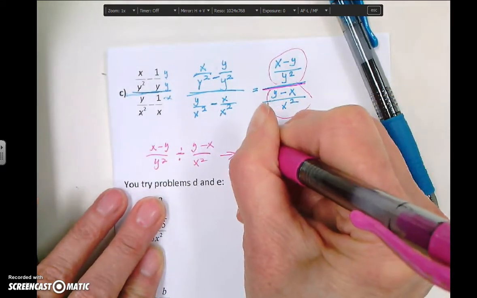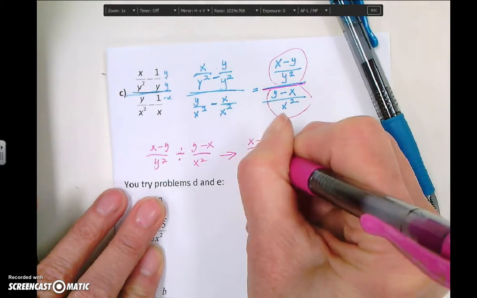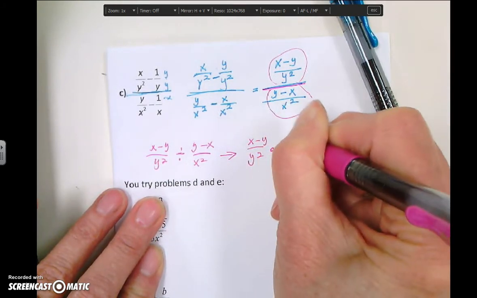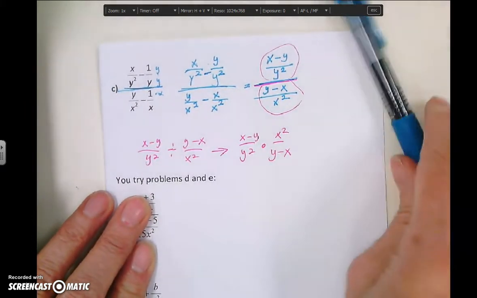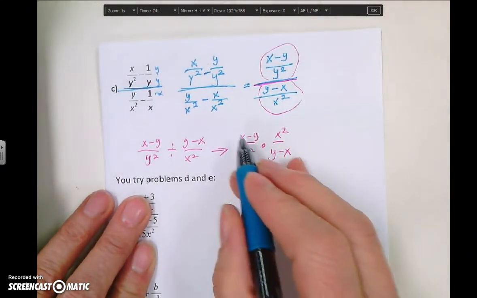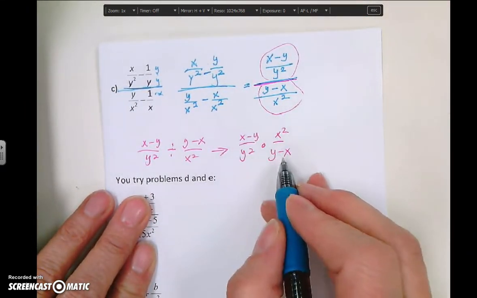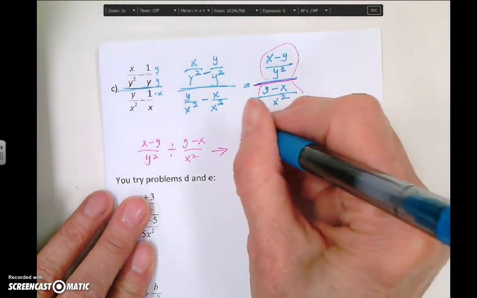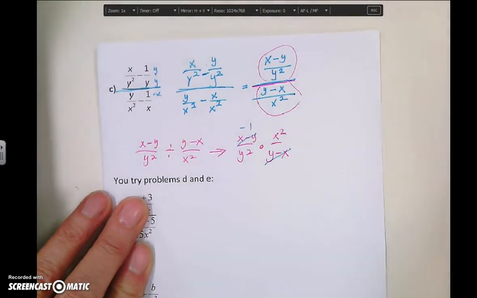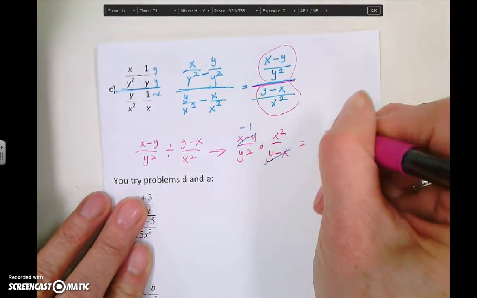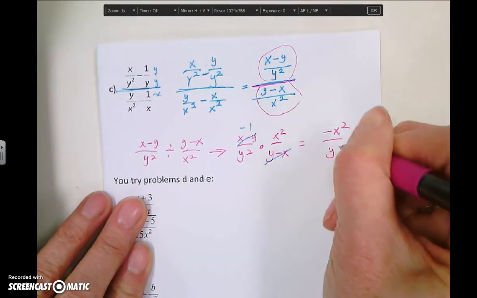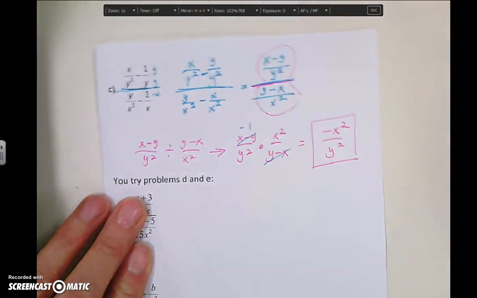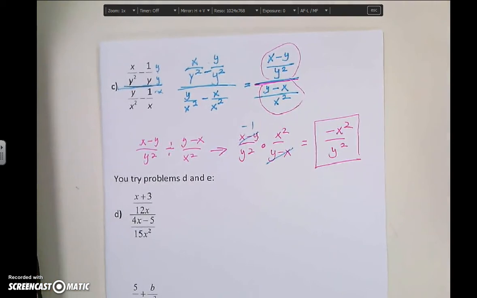So that's going to change to x minus y over y squared times x squared over y minus x. When I do my multiplication, I see that x minus y and y minus x will cancel to be a negative 1. And when I multiply, I get negative x squared over y squared for my final simple answer for that.